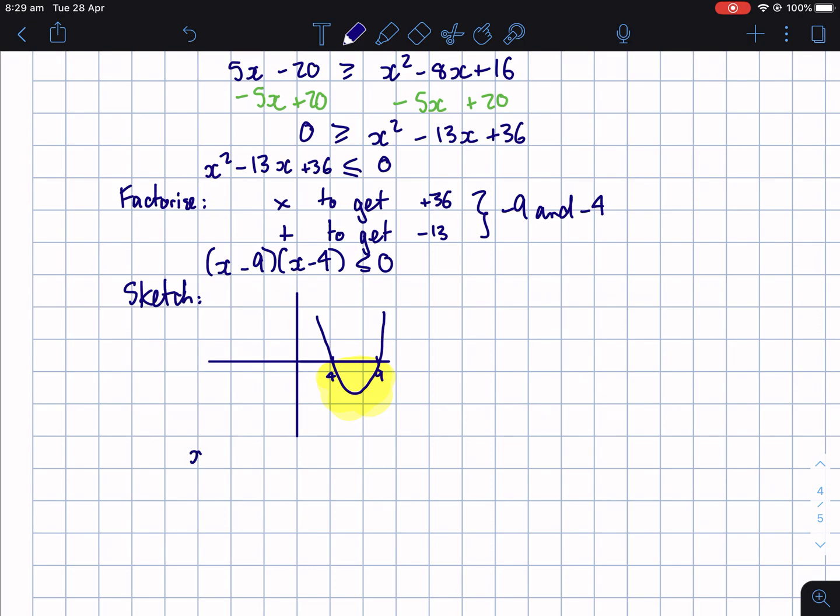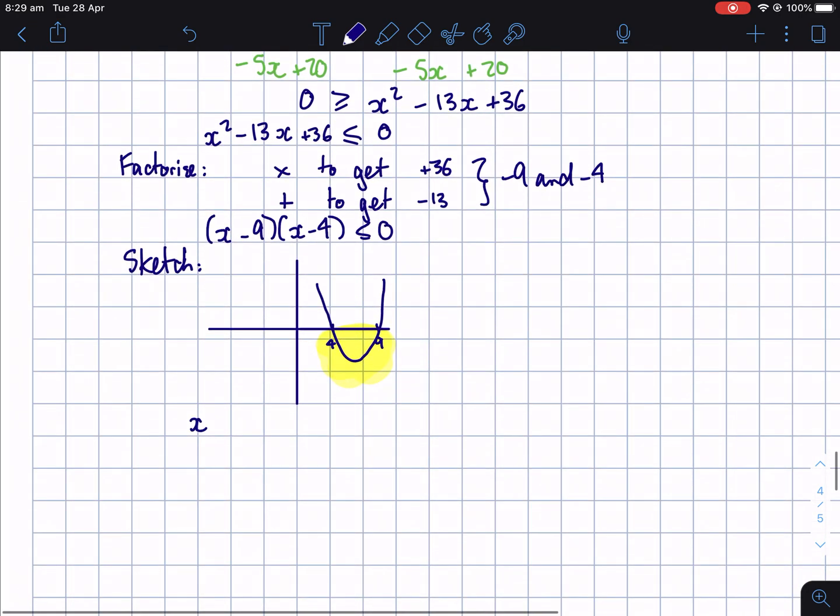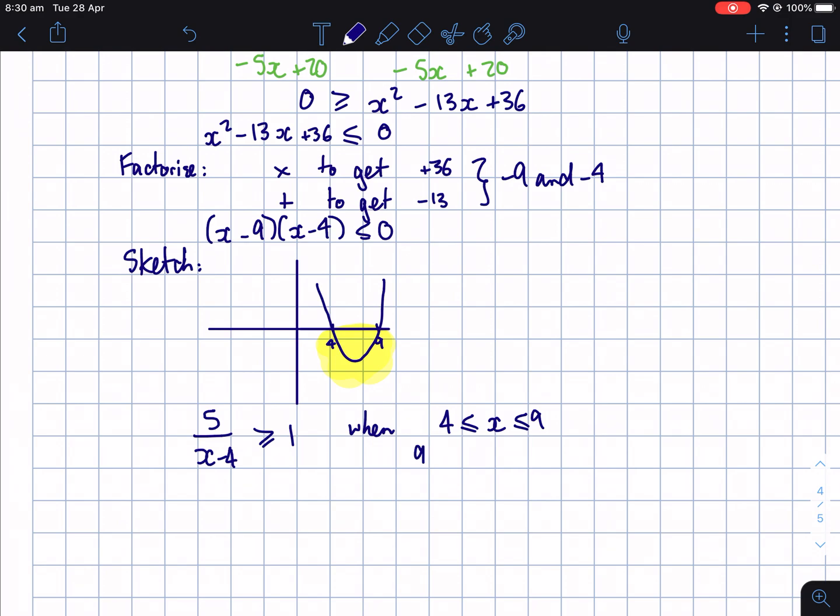So 5 on x take 4 is greater than or equal to 1 when 4 is less than or equal to x less than or equal to 9. Or you could have written 9 greater than or equal to x greater than or equal to 4, but I tend to prefer it the other way.